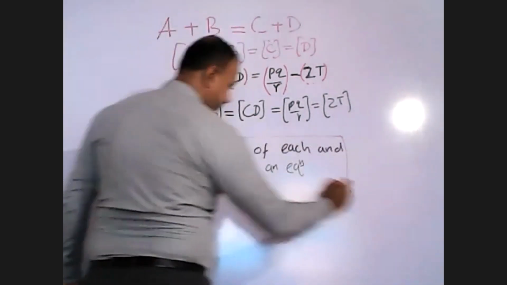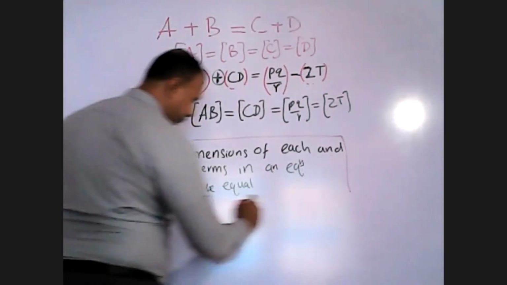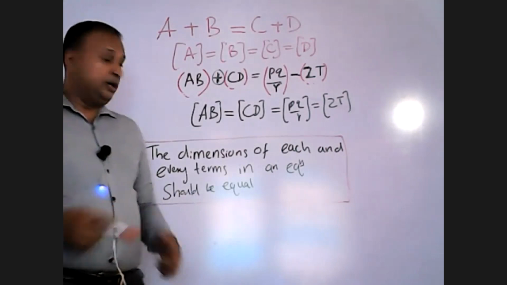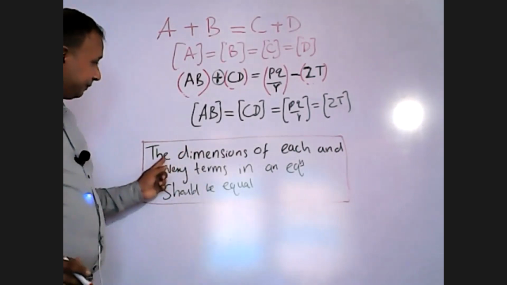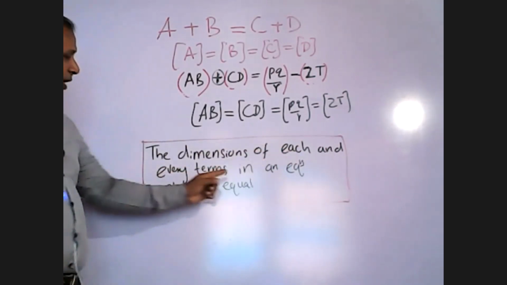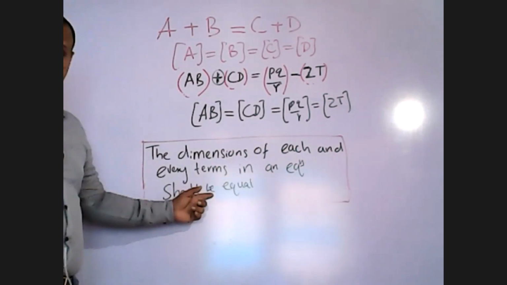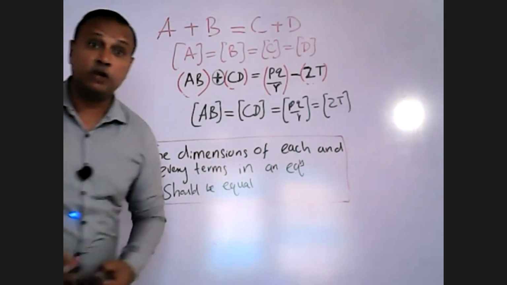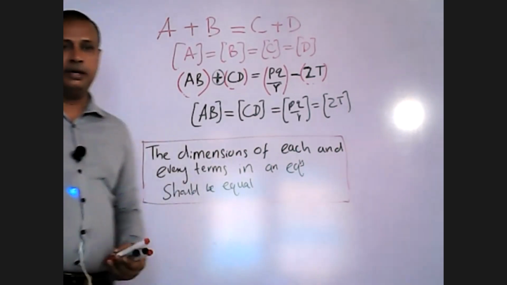Dimensions of each and every term in an equation should be equal. This is a very important theory.